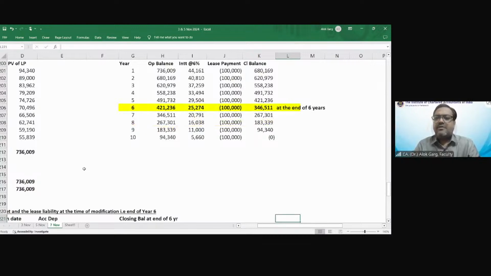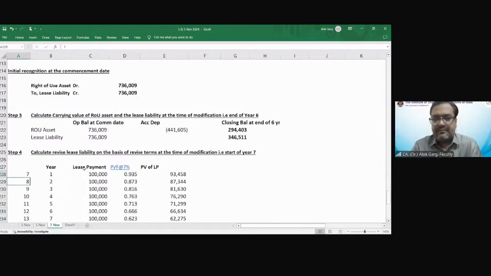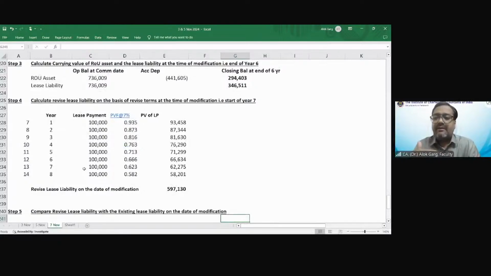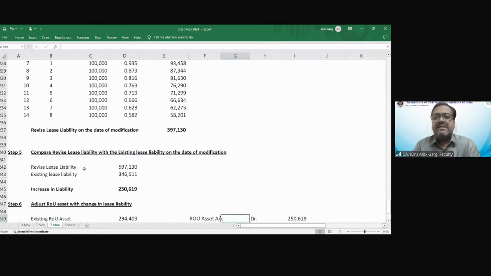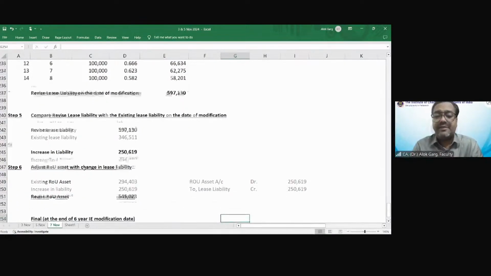Then I have recomputed my carrying value of ROU asset and lease liability, and then I have recomputed my revised lease liability for the next 8 years on the basis of 7%. Then I have compared my revised lease liability with the existing lease liability, and whatever increase is there, I have credited my lease liability and debited my right of use asset.